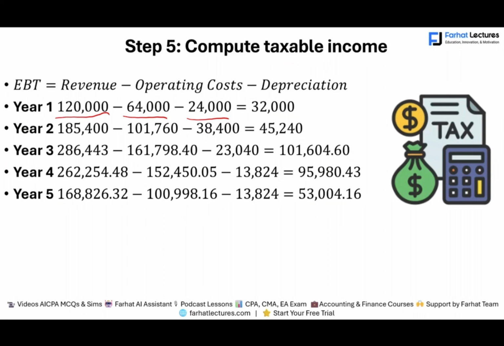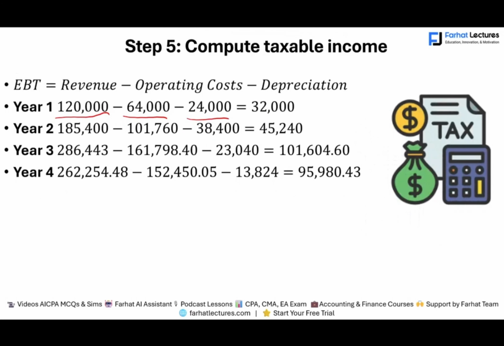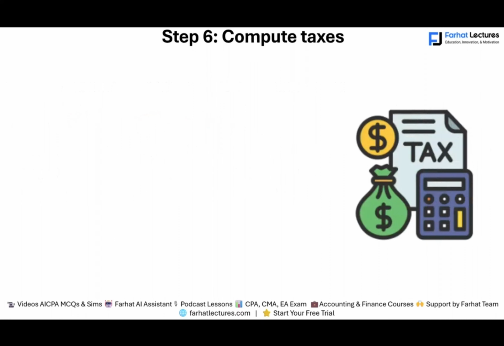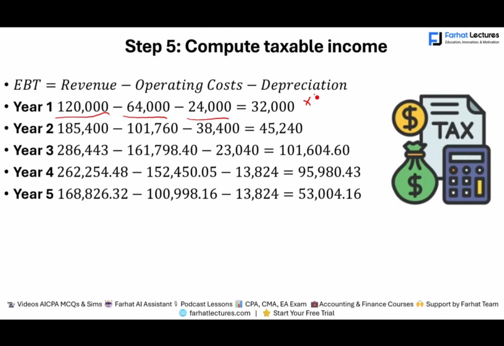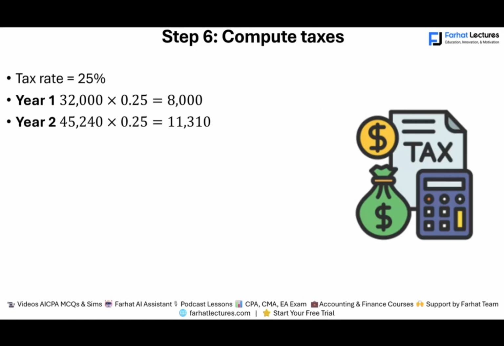Now we need to compute our taxes. Our tax rate, the assumption is 25%. Now what we do is we take this number multiplied by 25%, because this is earnings before taxes. We pay taxes of $8,000 in year 1. In year 2, $11,310, which is the taxable income times 25%.